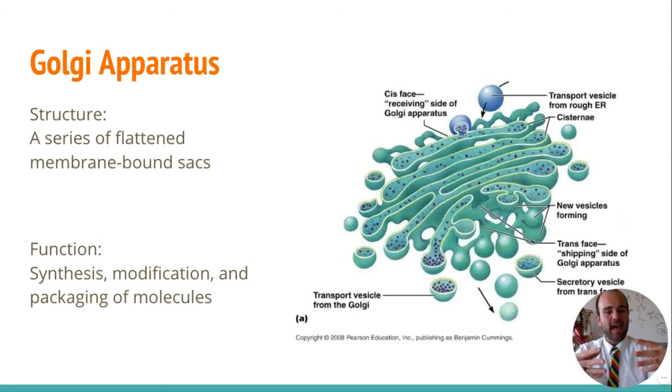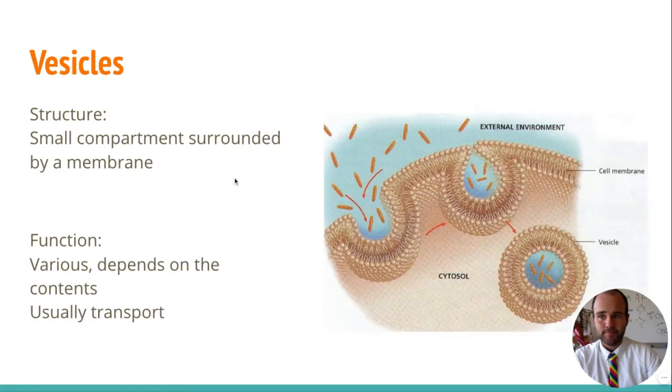These are kind of gelatinous, almost look like pancakes, and they are going to be fusion of different membrane vesicles that form into these larger structures that sort and organize where things are supposed to go. And then it's going to modify, mark where those biomolecules are supposed to go, and then ship them off in new vesicles to send them where they need to go in the cell.